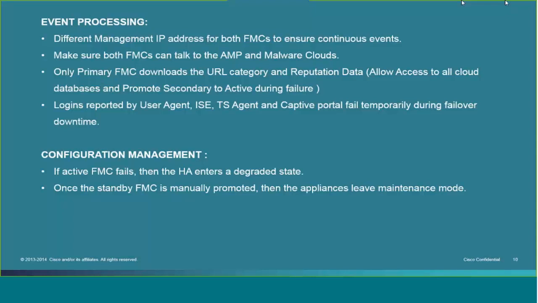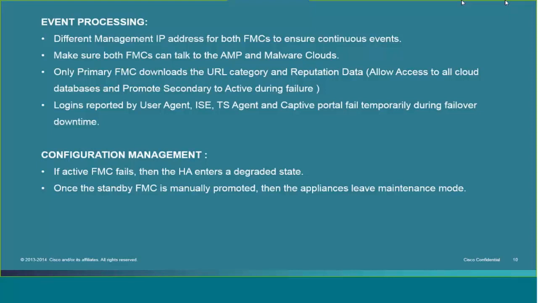By this I mean allow access on the firewalls to AMP and malware clouds for disposition checks, for file upload to ThreatGrid for analysis, as well as for the URL category download to the BrightCloud database and SI reputation download. So for all these database downloads, we need to permit specific access to both the management IP addresses.